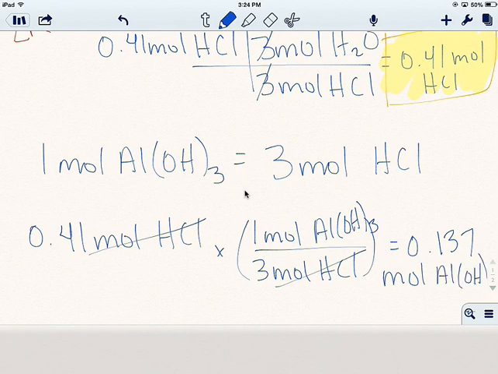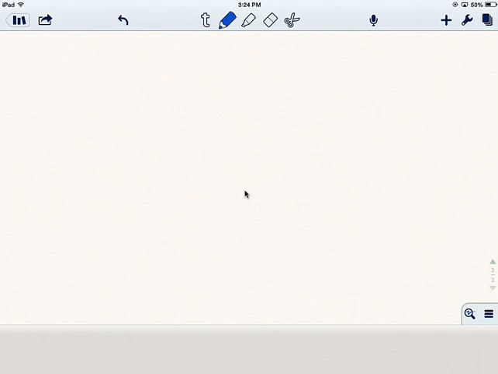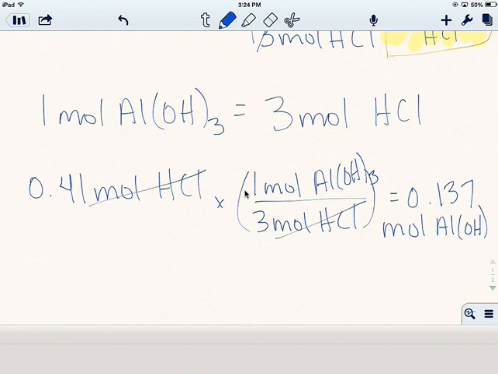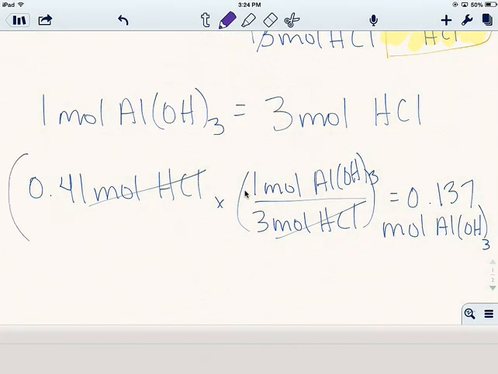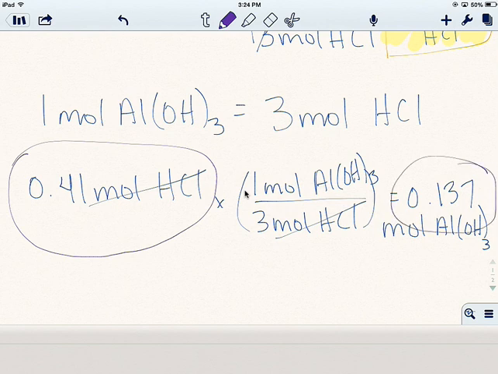So what that means is, see if I can squeeze that 3 in there. That means that as I was using up my limiting reactant, because remember, it's the ingredient that we use up completely, it took this amount of aluminum hydroxide.